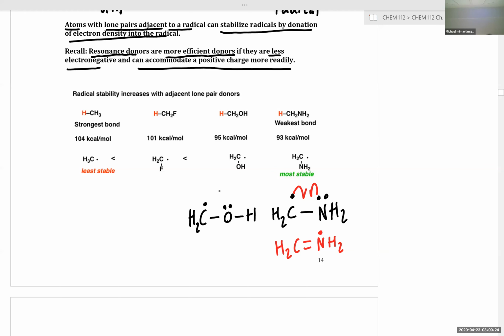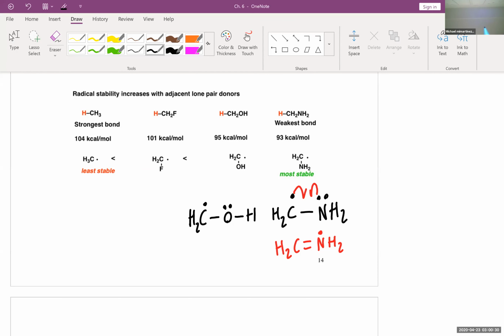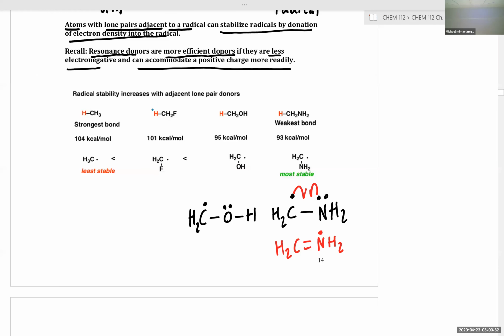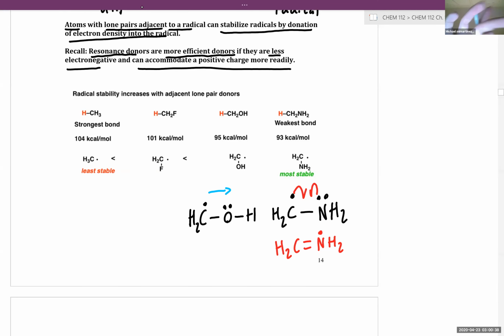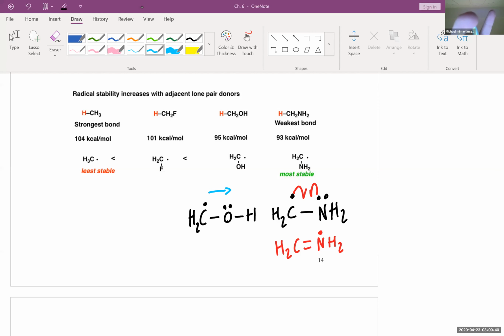Is this alcohol more or less electron withdrawing? Is our alcohol more or less electron withdrawing than a nitrogen? More, right? So we have a small electron withdrawing effect, but we have a substantially larger resonance effect.